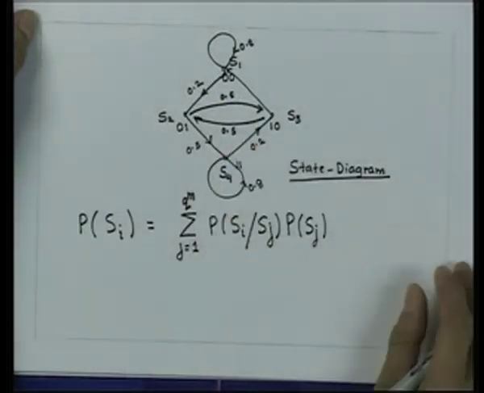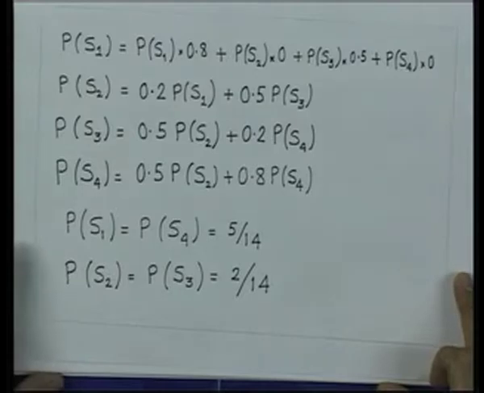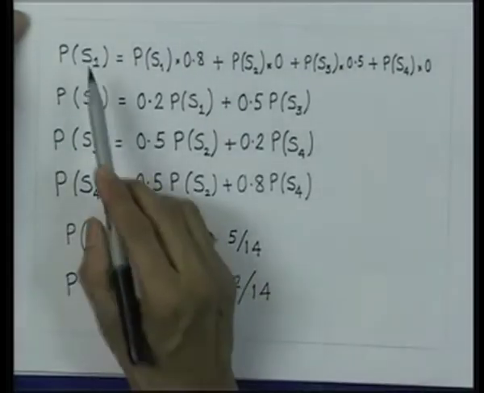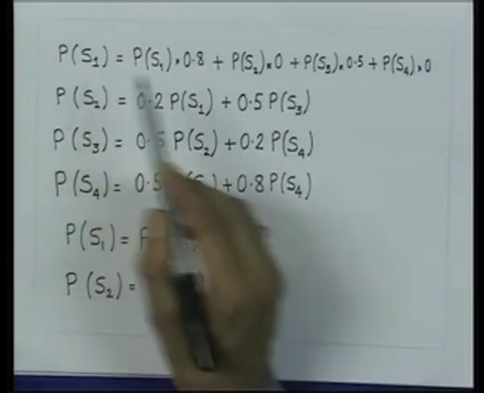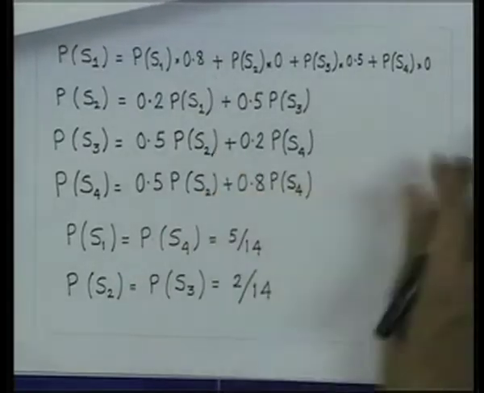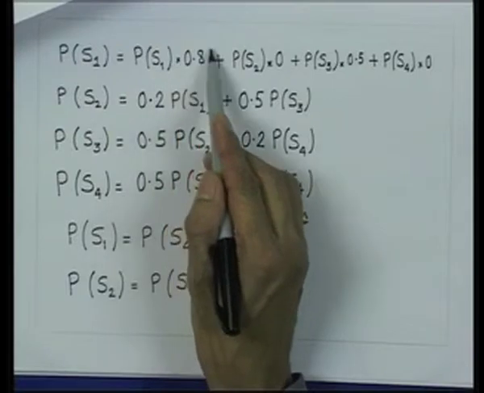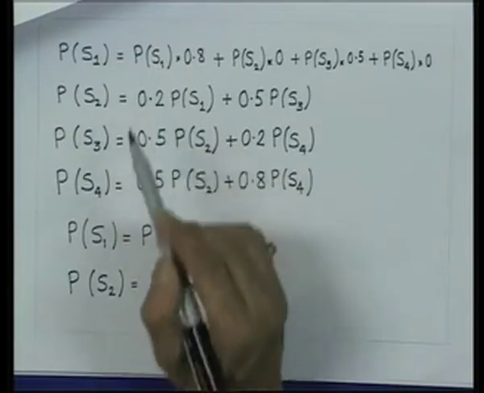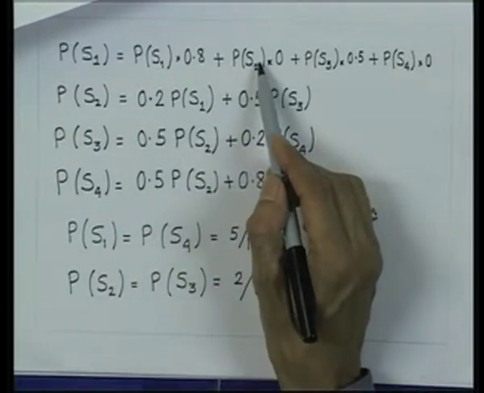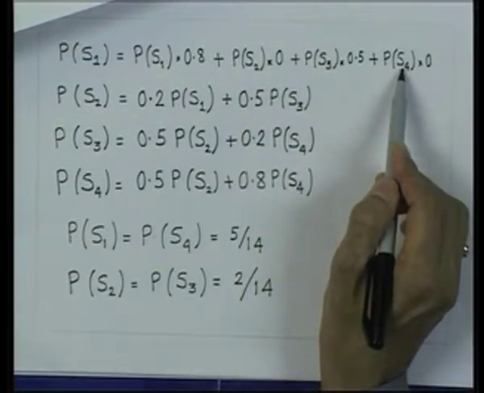Now, for our specific example, this can be reduced to writing something like this. I can find out the probability of S1. Obviously, my probability of S1 is the probability of S1 given I was in S1, that is 0.88, times the probability of state S1, which I am supposed to calculate. I cannot come to state S1 from S2, nor can I come to state S1 from S4.